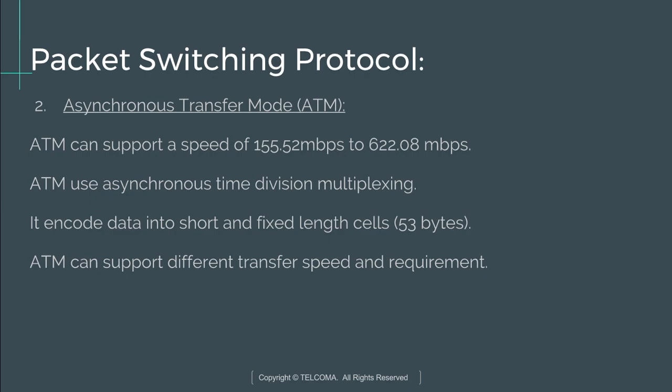It means the data is not synchronous between the transmitter and the receiver. It encodes the data into short, fixed length cells. The length of the cell is 53 bytes, and it divides the frame into short length data and transmits it over the transmission medium. So ATM can support different transfer speeds and requirements.